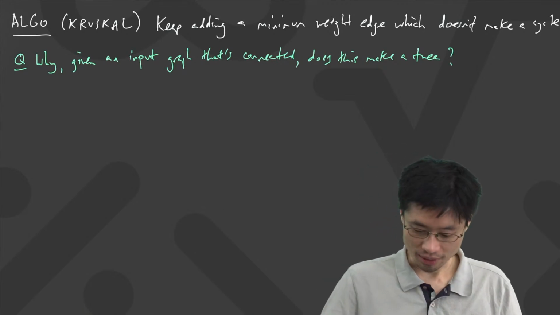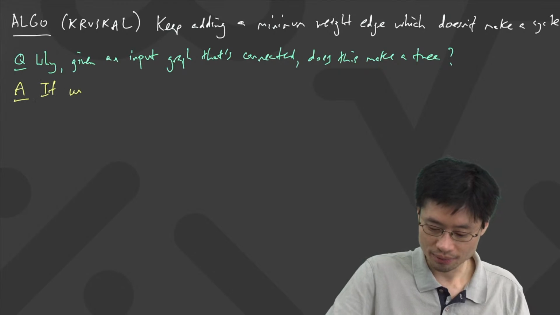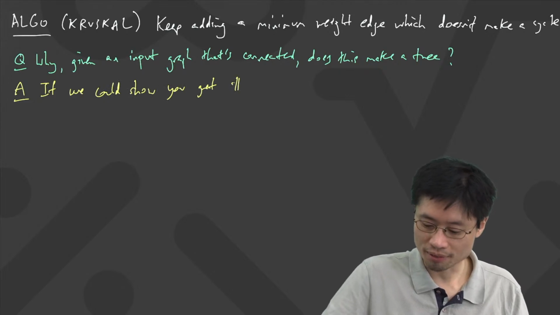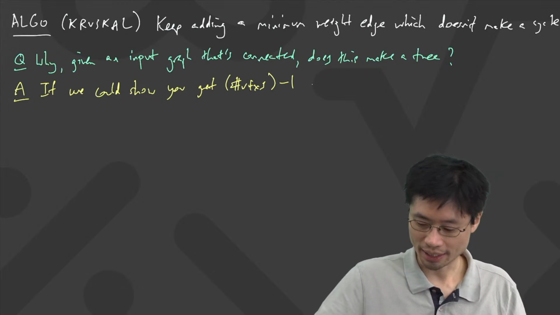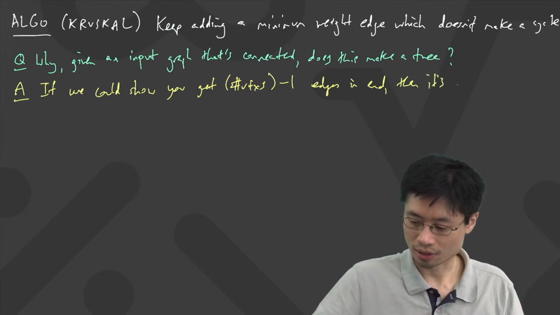Okay, so there are a few ways that we can answer this. If we could show you get the number of vertices minus 1 edges in the end, then it's acyclic, right?